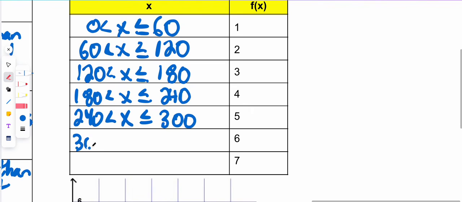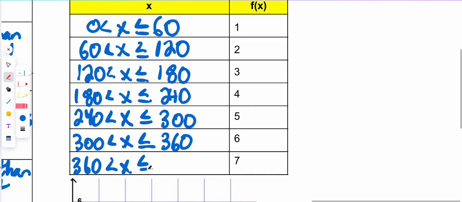Then when it's at 300, we get to stay at 6 lifeguards until it's over 360. Once it's over 360, we add in a 7th lifeguard until we're getting more than 420 people. So each of these ranges had to cover the 60 people, and each time we added in 1 lifeguard.